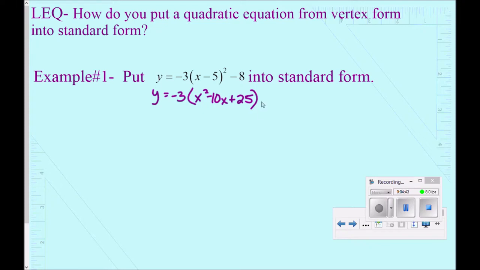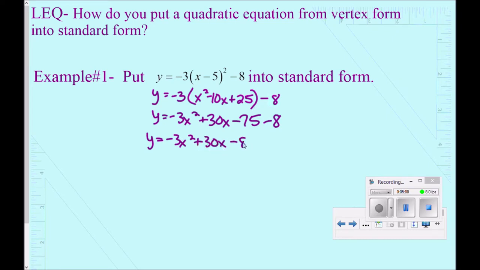And then I have minus 8 on the end. So I'm going to next distribute that -3. And lastly, I'm going to combine like terms. And now I have my equation in standard form.